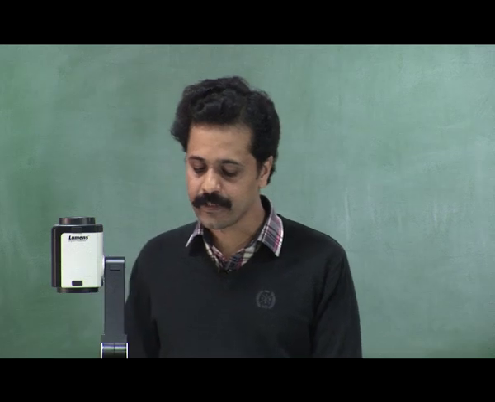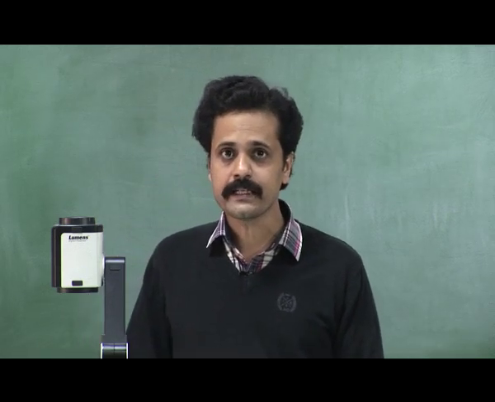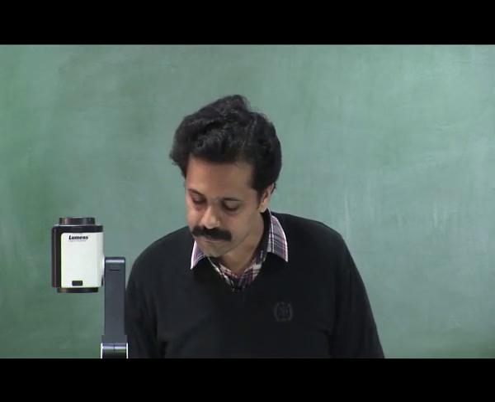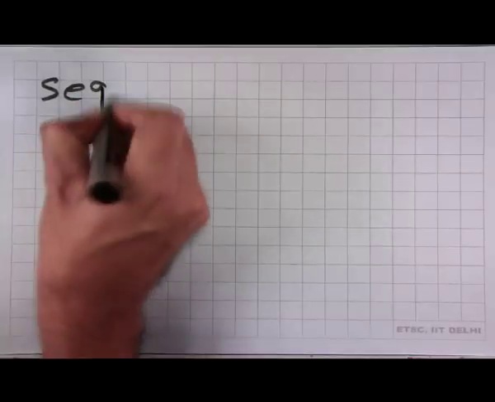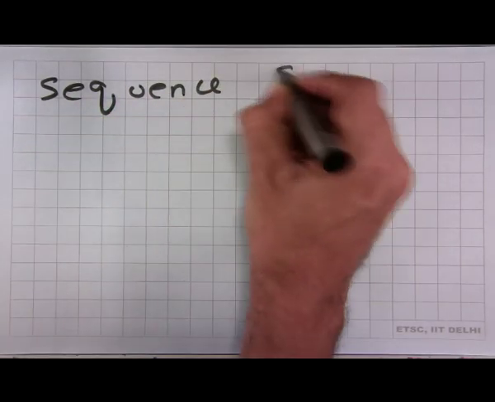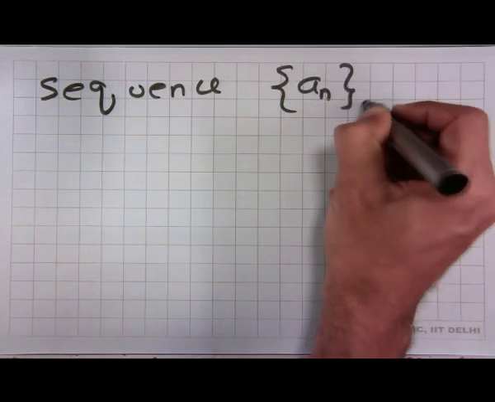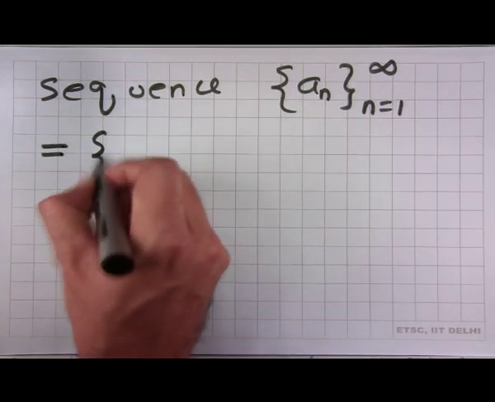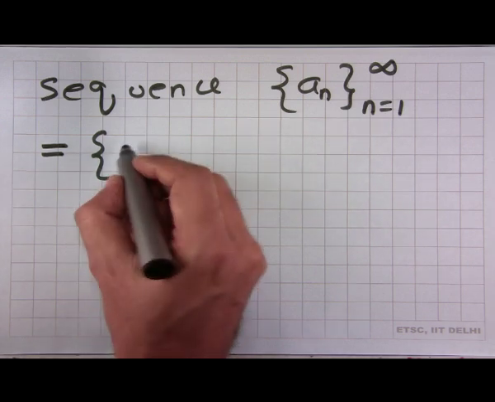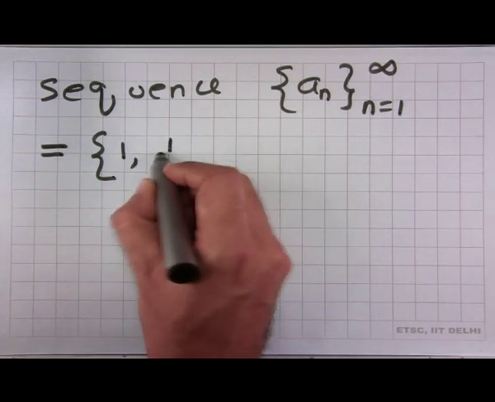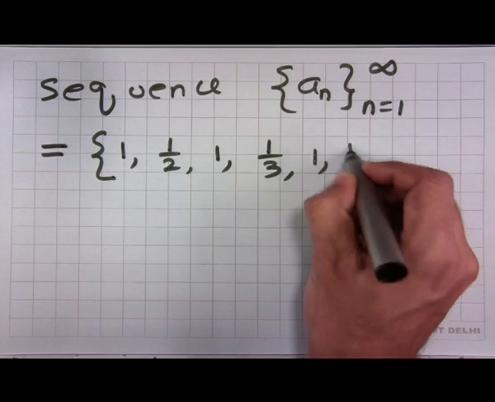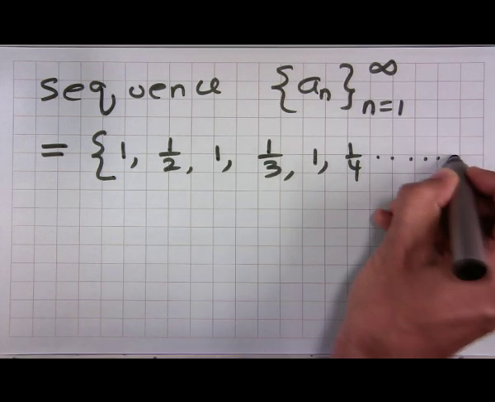Another reason why a sequence should be treated differently from a set is the following. Consider the sequence a_n, n equal to 1 to infinity, written in more expanded form as 1, 1 by 2, 1, 1 by 3, 1, 1 by 4, so on and so forth.